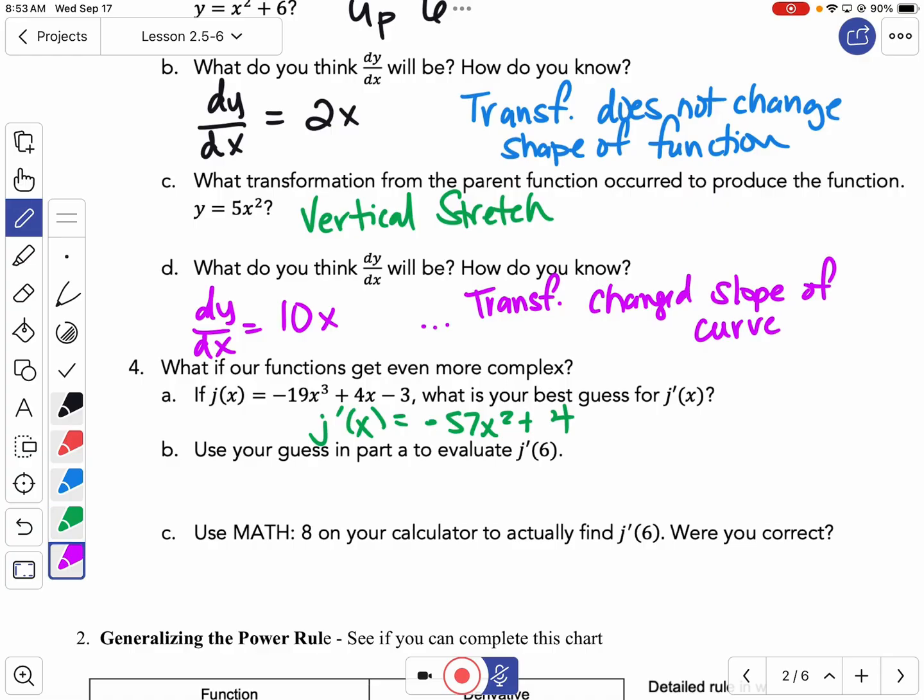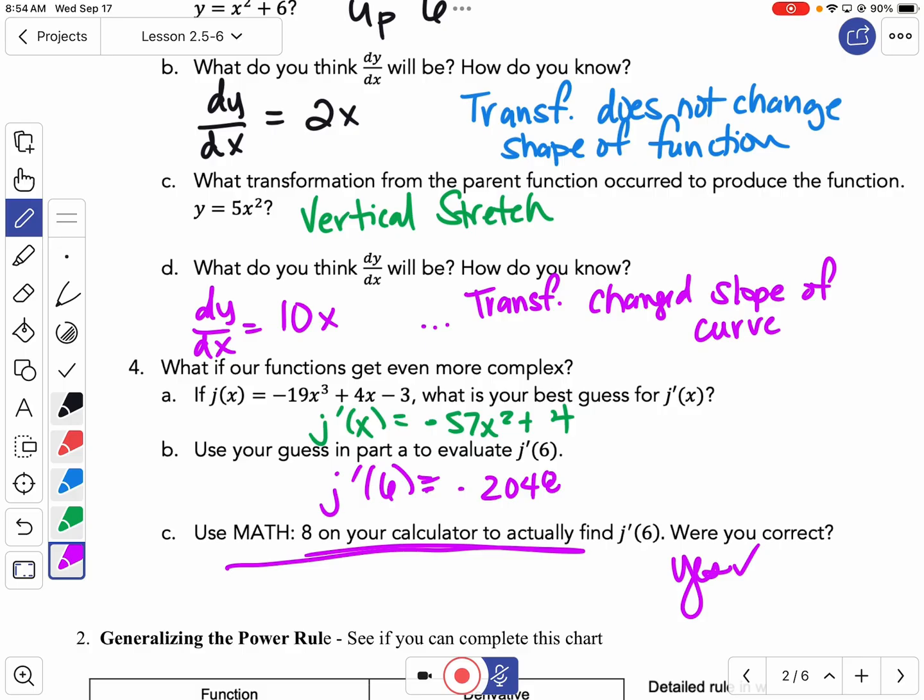And then if we evaluate j prime at 6, what value did y'all get? Negative 2048. Okay. Then it says, use Math 8 on your calculator to verify it. Were you correct? Yep, you sure were. So we put our original j function in there on Math 8, and we should get the same thing.